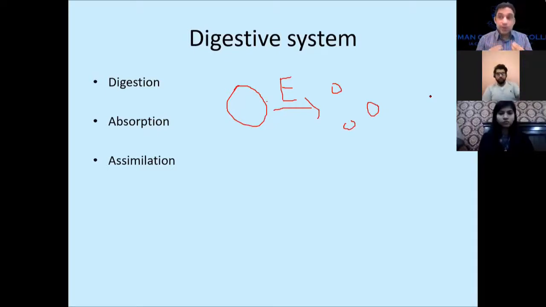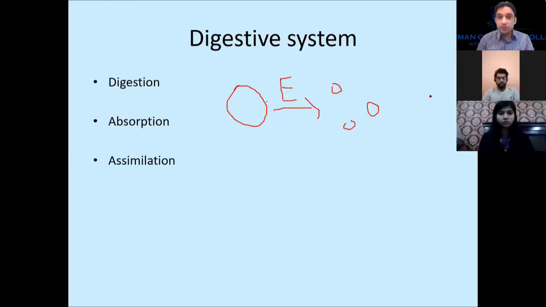If we are eating proteins, after digestion the proteins will be converted into amino acids, because proteins are made up of amino acids. If we are eating lipids, fats or oils, those will be converted into fatty acids and glycerol, because fats are made up of fatty acids and glycerol.